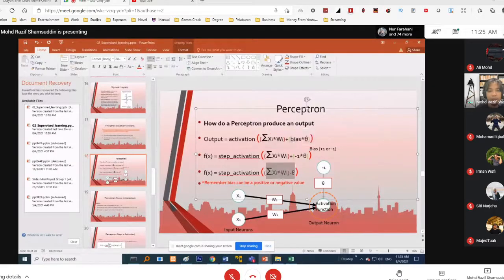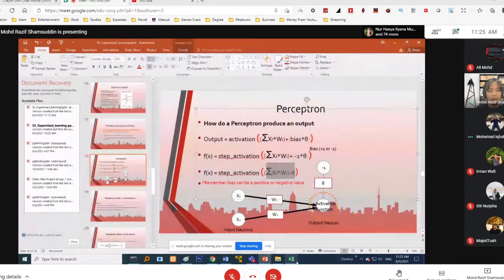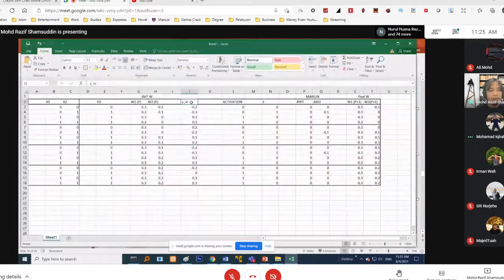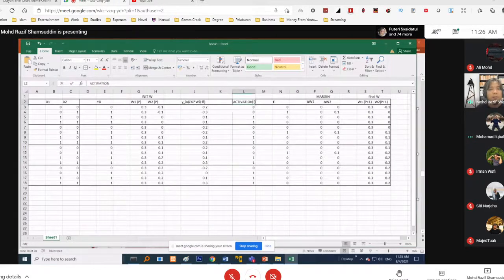This one. Equation ni. So sama dengan, saya copy yang ini. Letak kat sini. Dalam kurungan adalah summation of input times weight minus threshold. Activation ni adalah step, Y-in as the parameter.